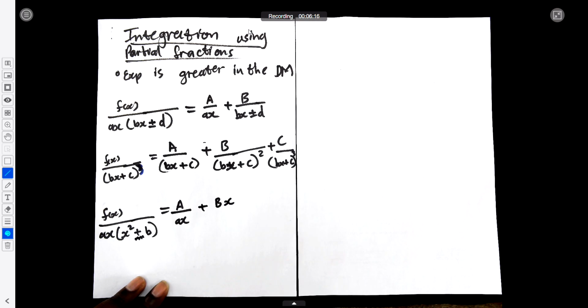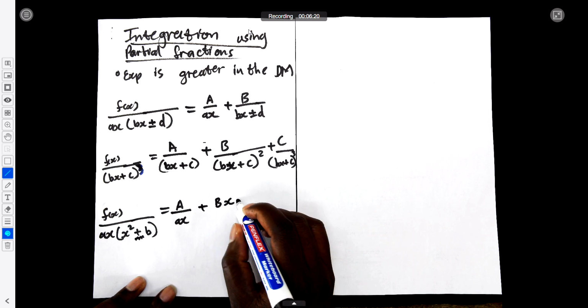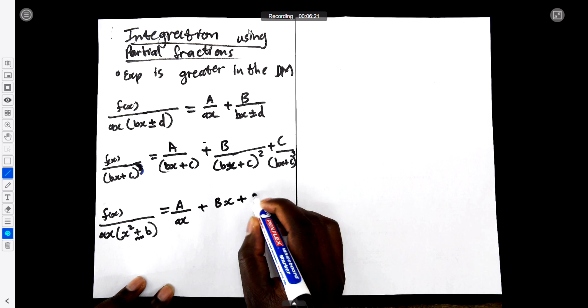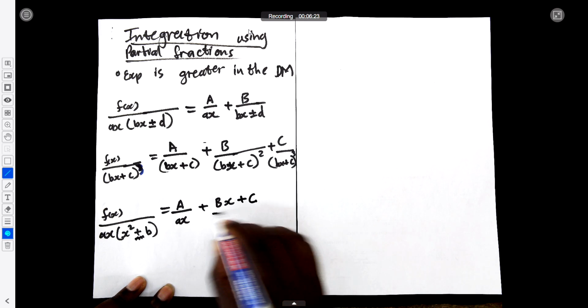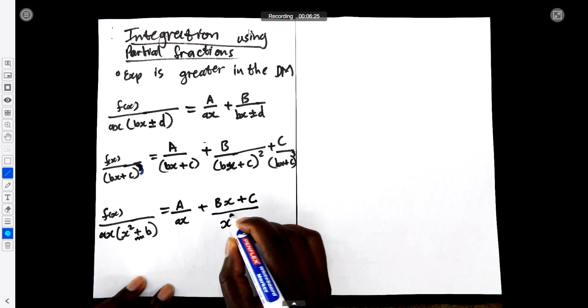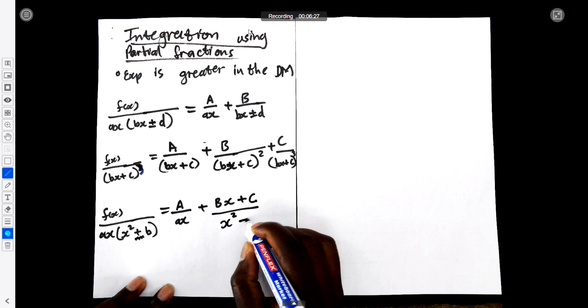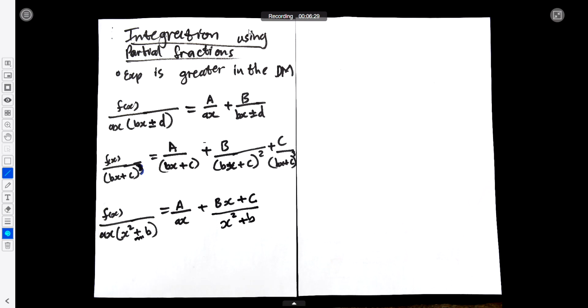We must have a linear function in the numerator, so bx plus c, all divided by the quadratic function in the denominator, x squared plus b.